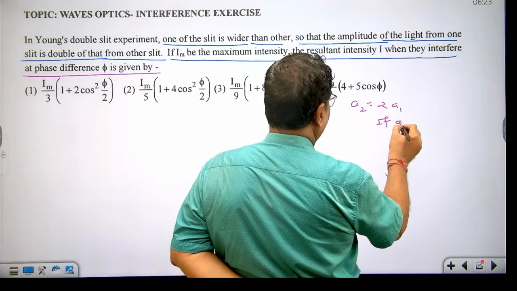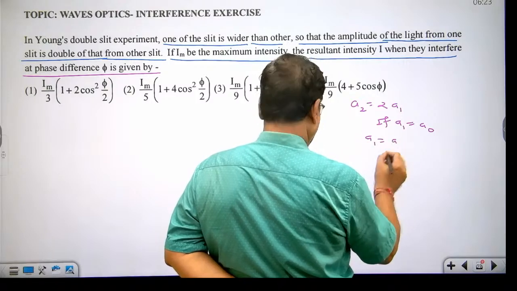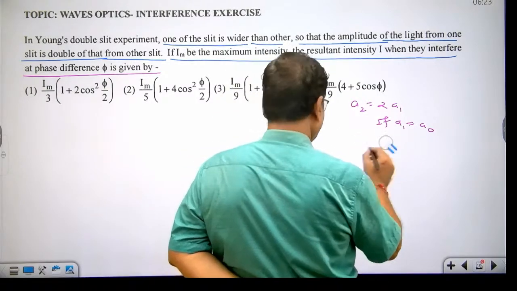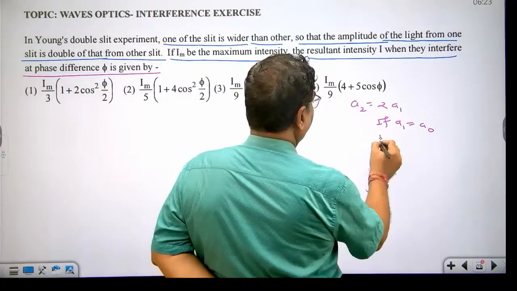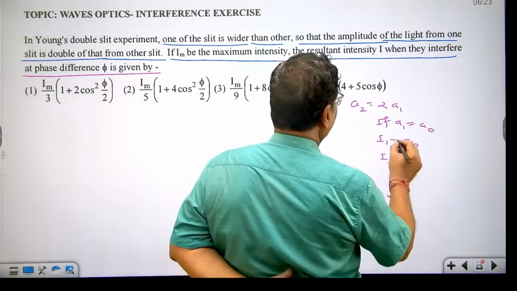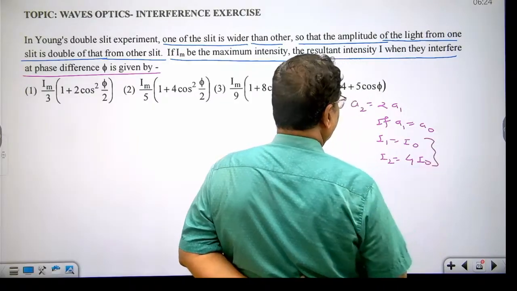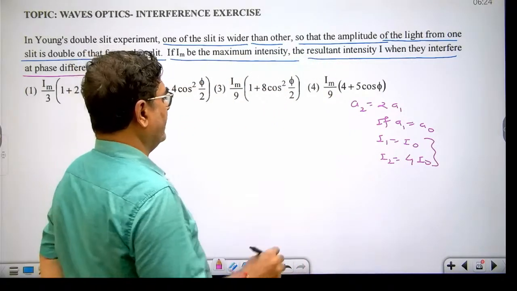If A1 equal to A node, then we can write I1 equal to I node and I2 equal to 4A1 square, means 4I node. Okay. And what is I maximum?